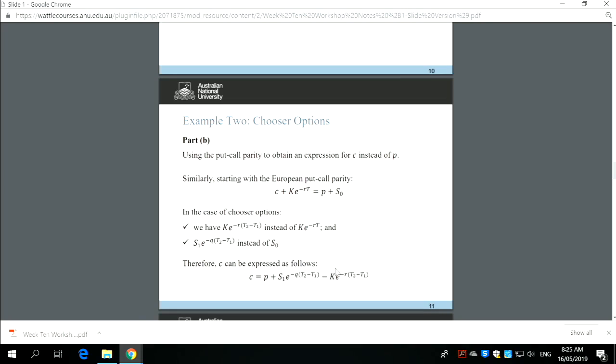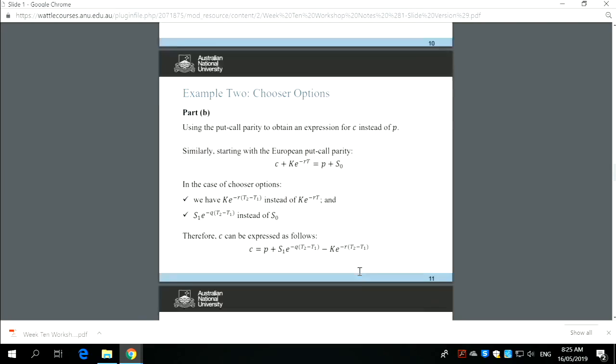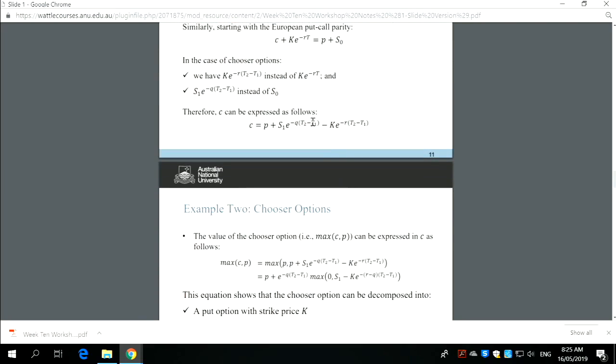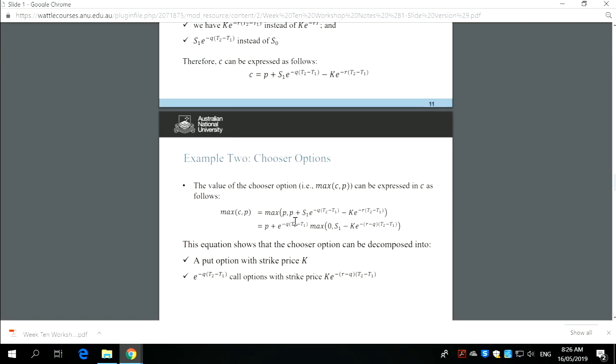We're just rearranging the equation, so that's essentially still the put-call parity. Then we can substitute this equation for C, and we have the P here. Again, we can take the P out of the bracket, so what we have is 0, plus this equation here.